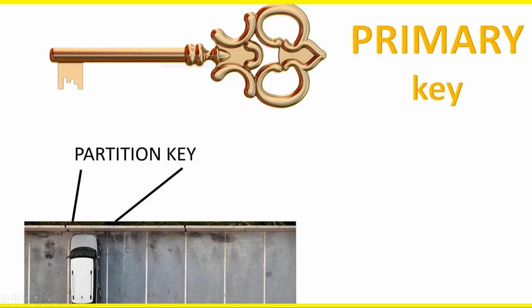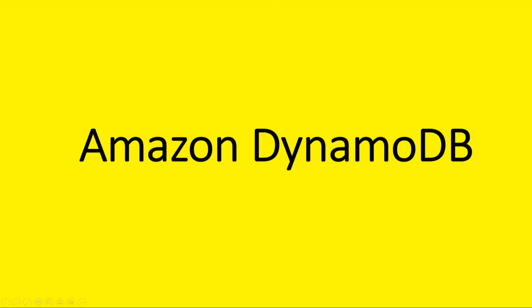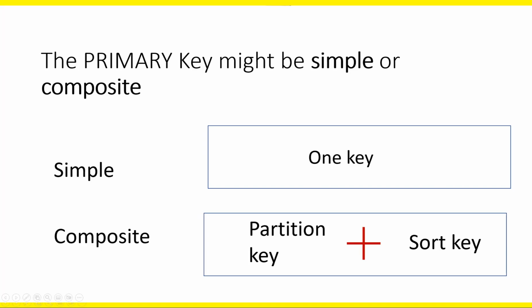A primary key can also be a combination of two values, a partition key and a sort key, or a range key. And so that's called a composite primary key. The partition key doesn't have to be unique, but the combination of the partition key and the sort key must be unique. For example, a person's last name could be the partition key, whereas the first name could be the sort key.